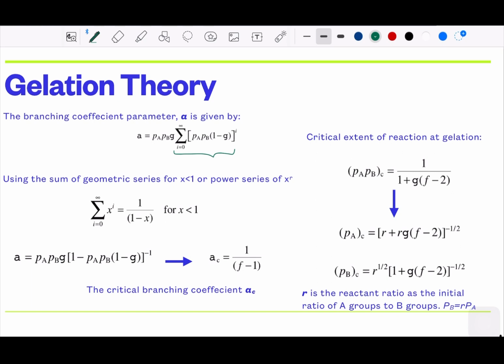R is the ratio of A groups to B groups. But I think the most important here is that there is no need to write all these components. This one, the critical branching, and this one.